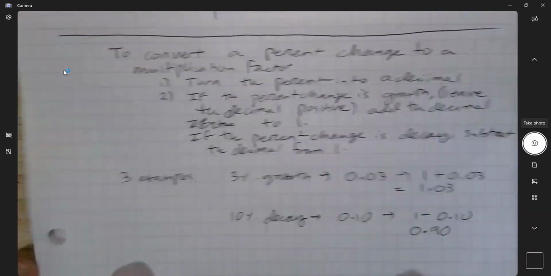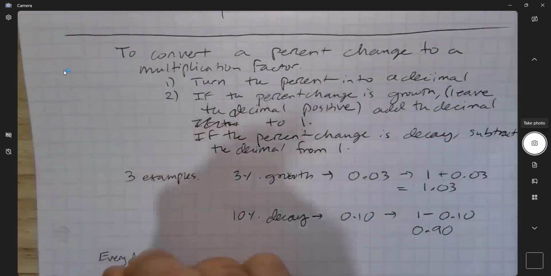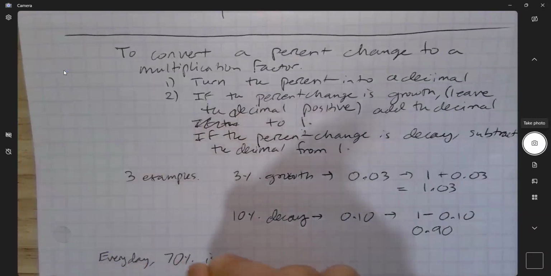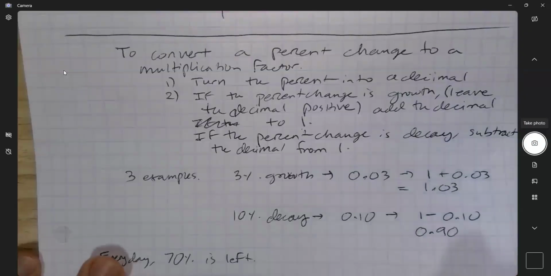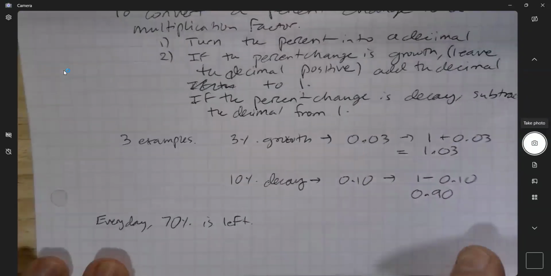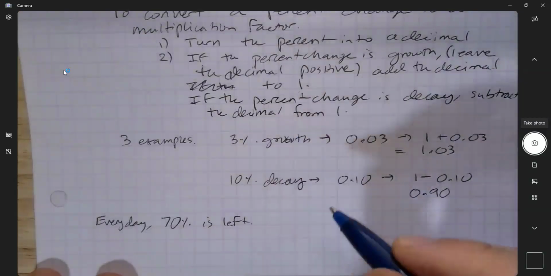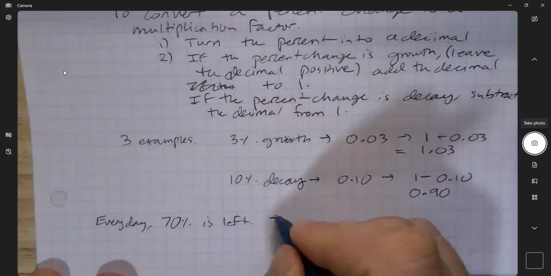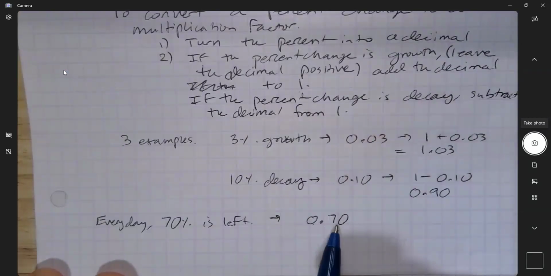And then the hard one is, let's say every day, 70% is left. Okay, well, if every day 70% is left, then this is kind of an exception. Then my multiplication factor is just 0.7 because every day 70% is left.